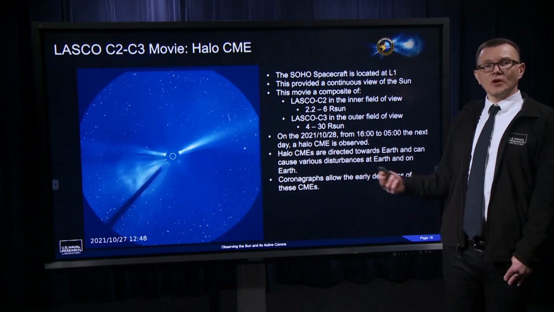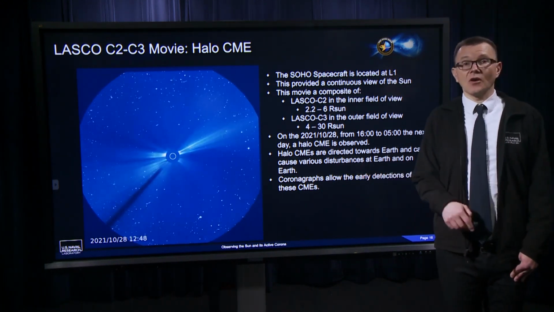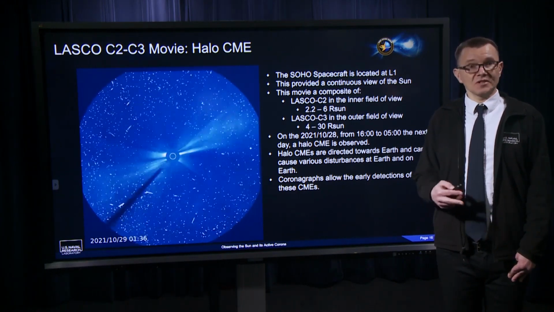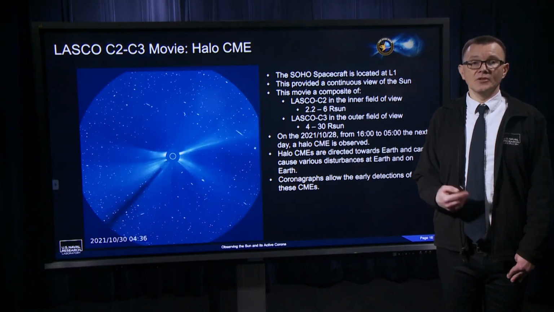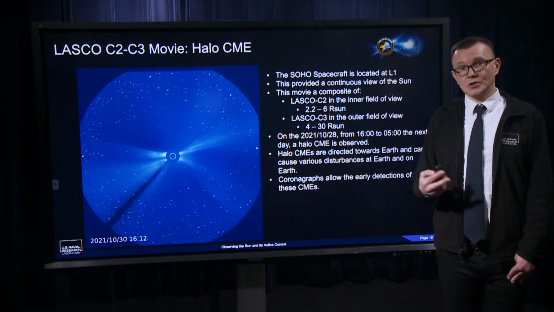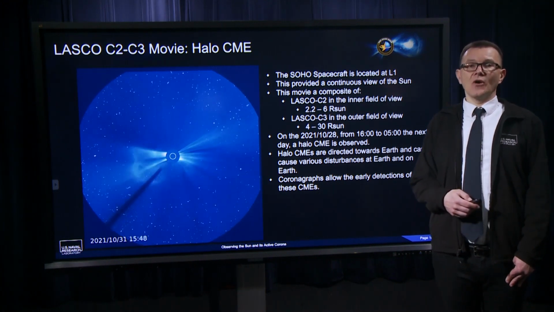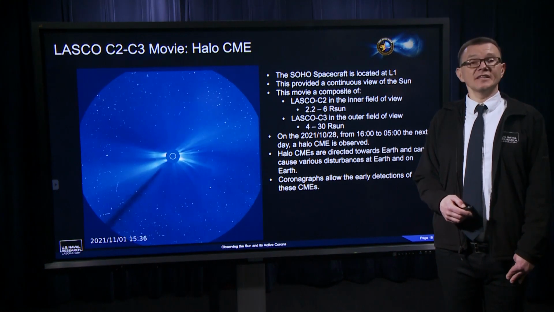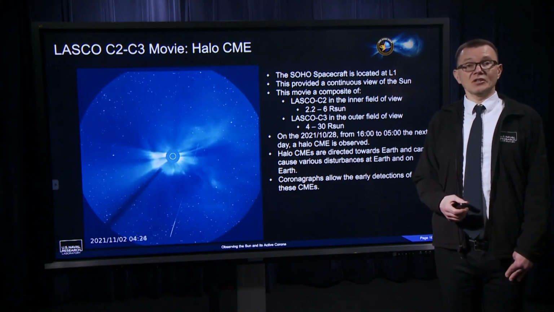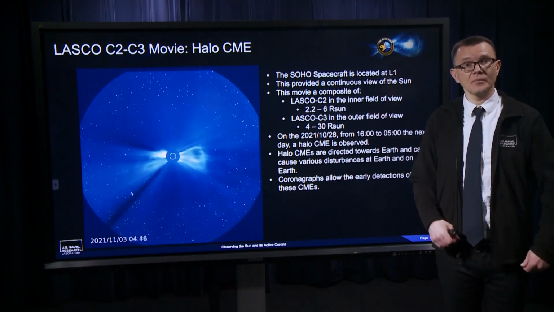Here, a sample movie obtained by the LASCO coronagraph. This is a composite of LASCO C2 for the inner field and LASCO C3 for the outer field. In the movie, on October 28, 2021, you can observe a so-called halo CME. A halo describes the shape of the CME in the image. Its leading edge seems to propagate in concentric circles centered on the sun, like this.